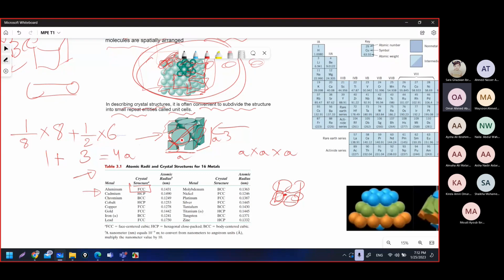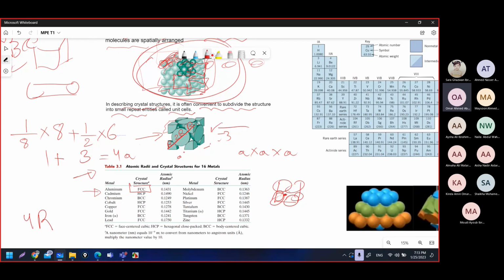So in order to make a relation between the length of the edge of the cube and the atomic radius, we need to take one face of the cube. One radius here, then the half sphere will represent 2r, and this one will represent r, so along the diagonal of the face we will have 4r.